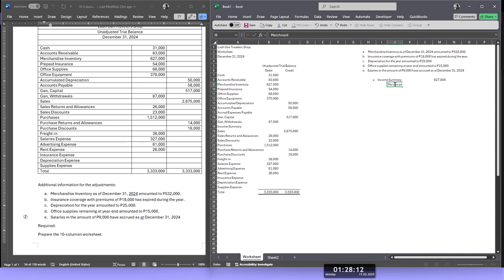merchandise inventory, 627,000. And then the description should be, sorry, to remove the beginning balance of the inventory account.